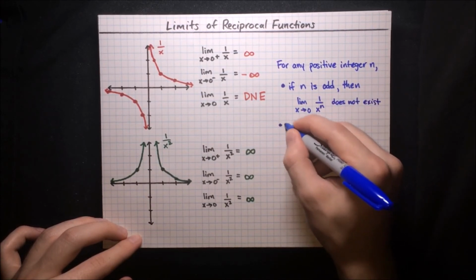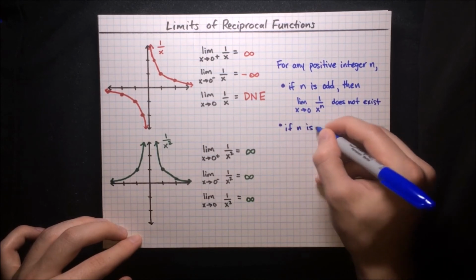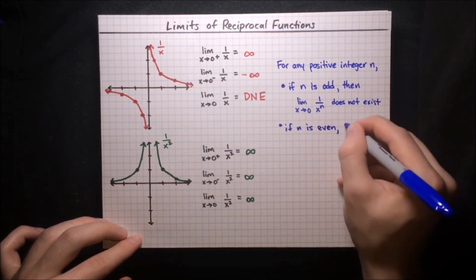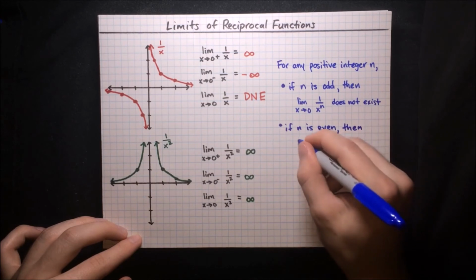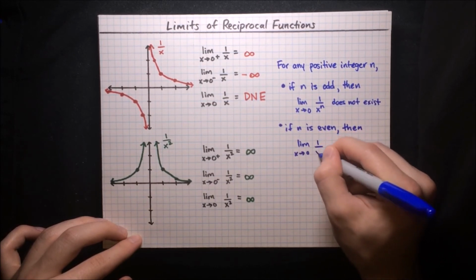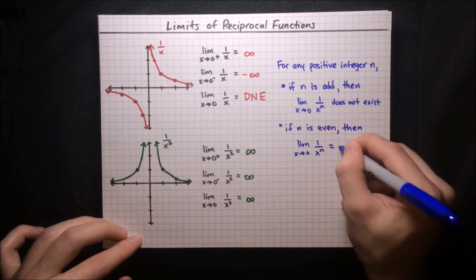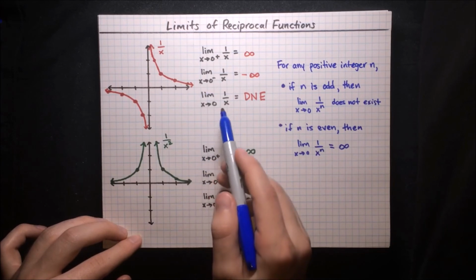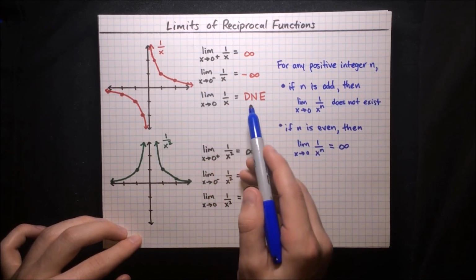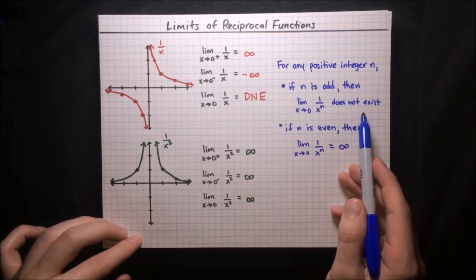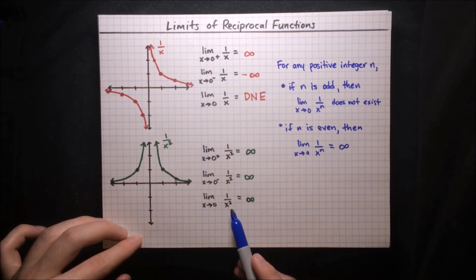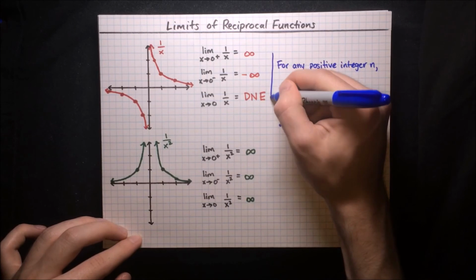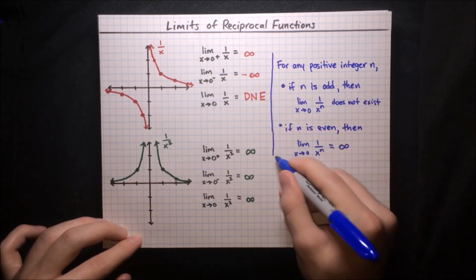Whereas if n is even, then the limit as x approaches 0 of 1 over x to the n is equal to positive infinity. And you can see this in our examples. When the power on x was just 1, the overall limit did not exist. Whereas when the power on x was 2, an even number, the overall limit came out to infinity. And that kind of pattern extends to any positive integer n.